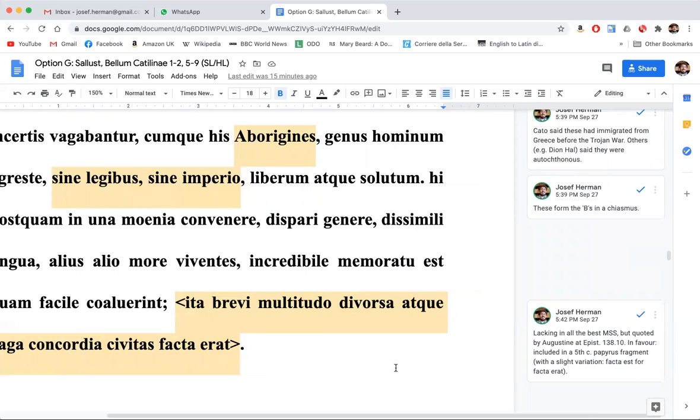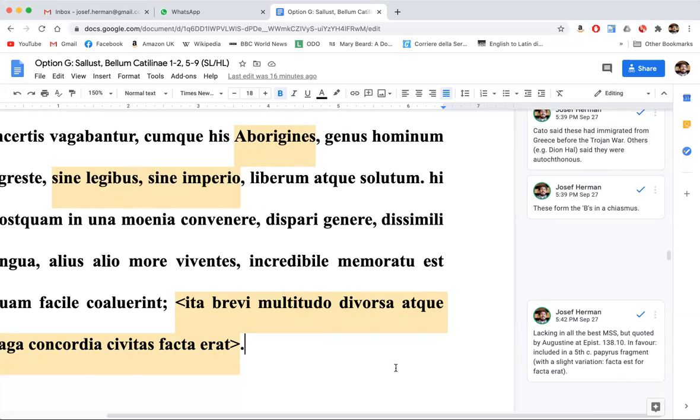But the reason that we put it in the text anyway is because in one of St. Augustine's letters, he quotes this text and he includes this bit here. And so we think possibly this phrase existed in an older manuscript of Sallust, which St. Augustine knew or had access to, but has now been lost in between the time of St. Augustine and the present day for us in 2020.